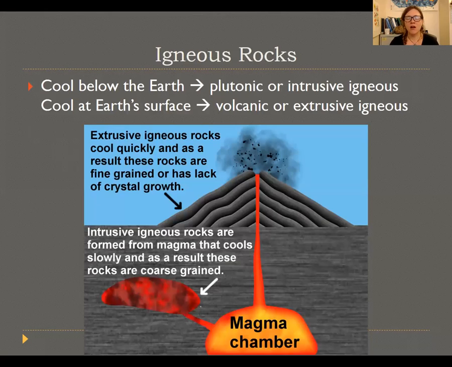And igneous rocks are rocks that solidify or form from freezing of a melt. And this can occur below the earth's surface, or it can occur on the earth's surface. So those rocks that cool below the earth are sometimes referred to as plutonic, because remember, Pluto was the god of the underworld. And more commonly, they're referred to as intrusive igneous rocks.